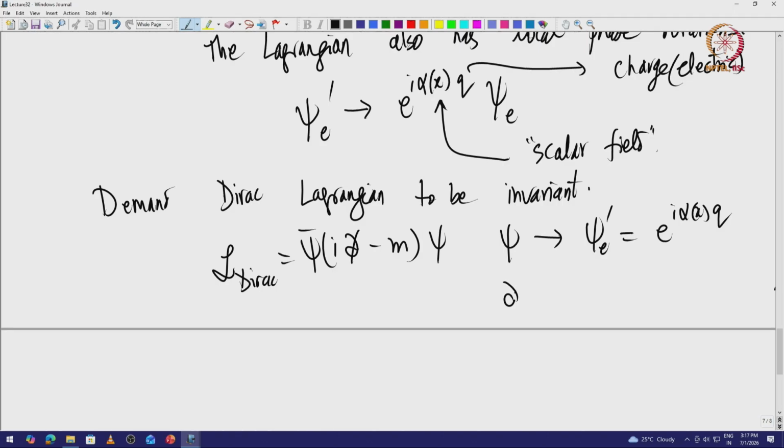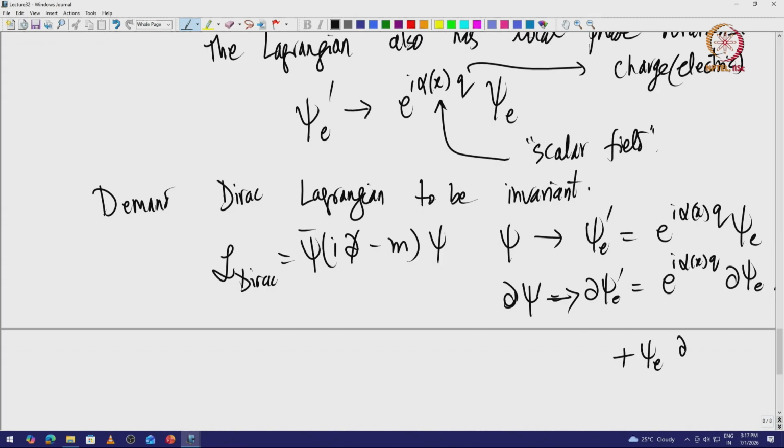So del psi goes to del psi prime, which is equal to e to the power i alpha of x q times del of psi prime, okay, that is fine, then plus psi prime times del of i alpha of x q, that is, i q del alpha of x psi prime.